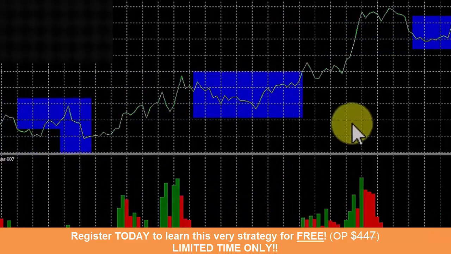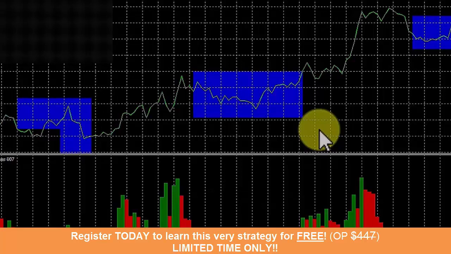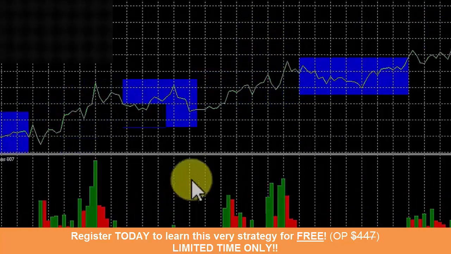Another good thing about trading low volatility periods, they respect SNR lines a lot because there's not enough volume, not enough momentum to push through and break the SNR line. That's another key point, another giveaway. So here's another low.